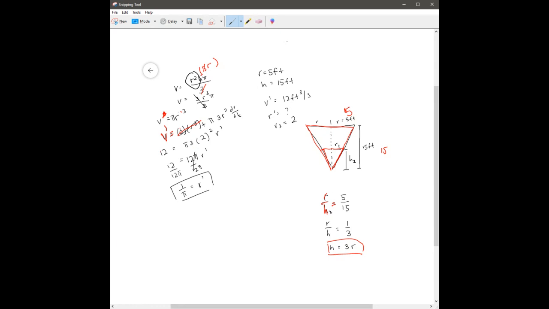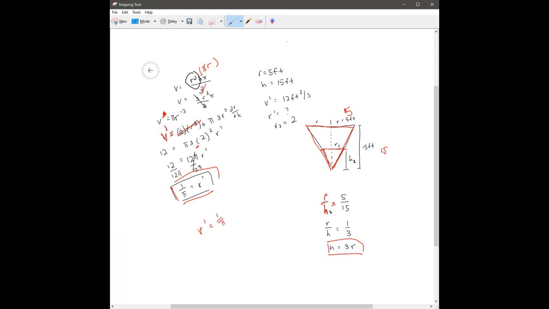Plugging in v prime, which is 12, equals pi cubed 2 squared r prime. So r squared equals 4, multiplied by 3 is 12. 12 pi r prime equals 12. Then I divide both sides by 12 pi, so I get 1 over pi equals r prime. That's the answer.